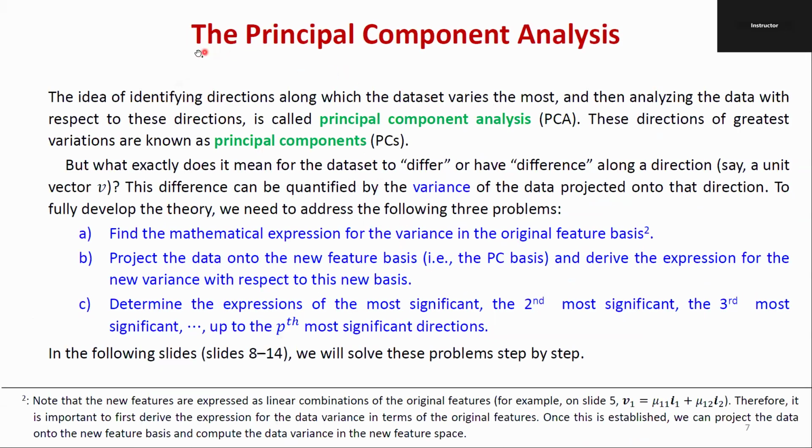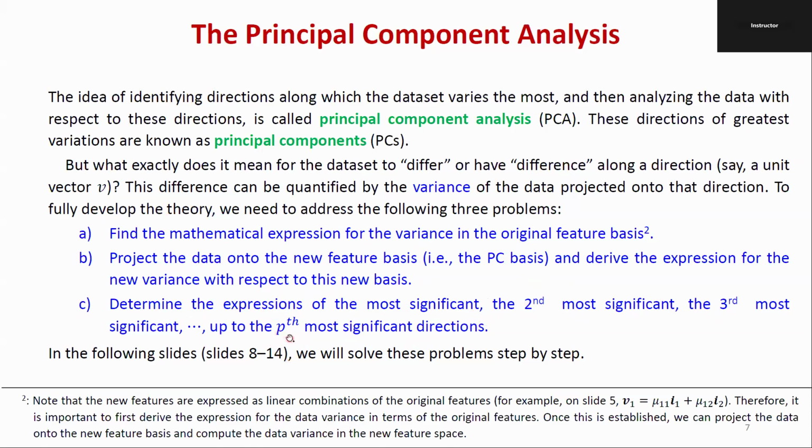As we mentioned, principal component analysis is a technique to reduce the dimensionality of the data. We need to find the most significant direction, the second most significant, the third most significant, up to the p-th most significant direction, since the original number of dimensions is p, and then we use a trick to lower the dimensionality from p to k.